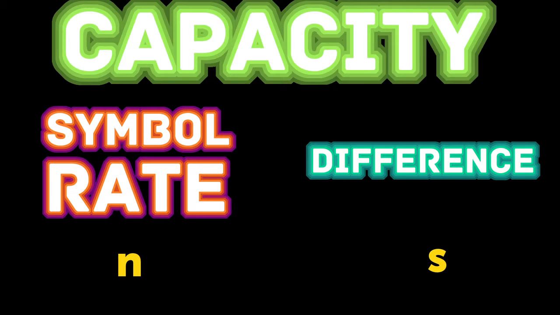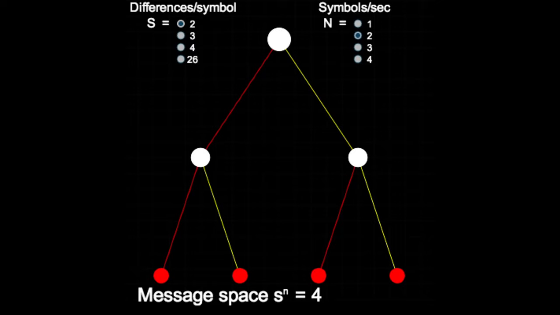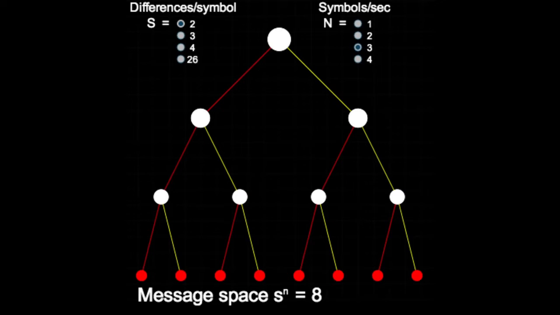And as we've seen before, these parameters can be thought of as a decision tree of possibilities. Because each symbol can be thought of as a decision where the number of branches depends on the number of differences. And after n symbols, we have a tree with S to the power of n leaves.